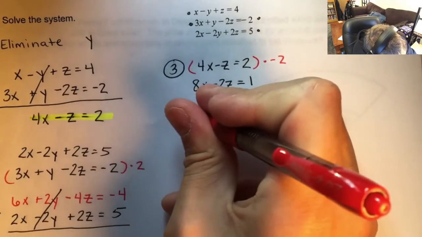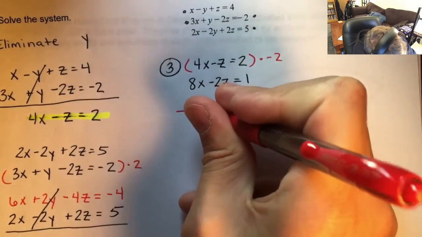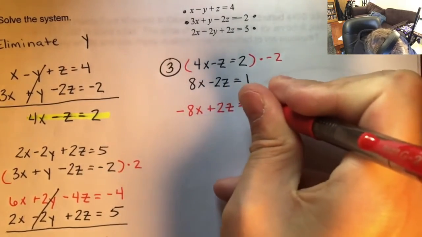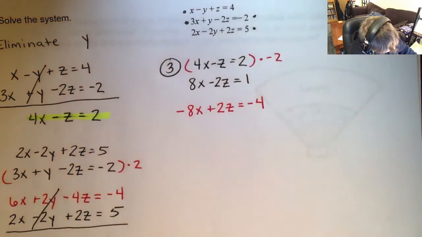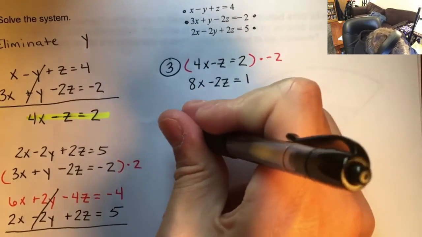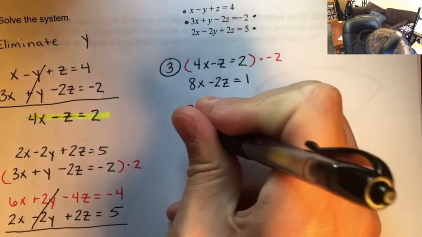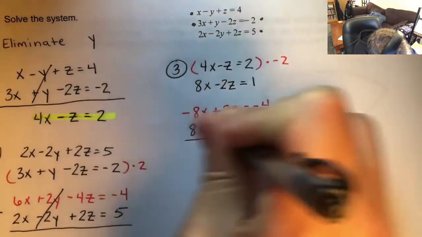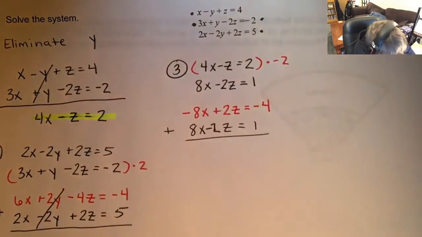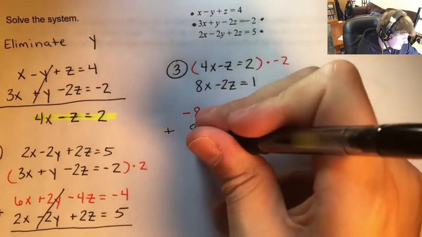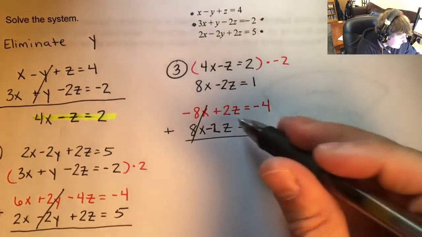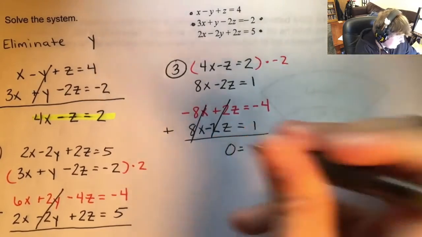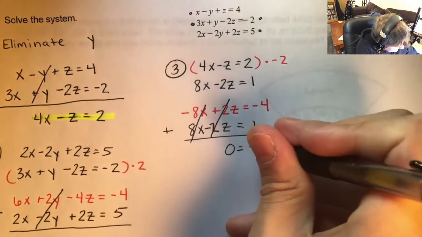So I'm going to get negative 8x plus 2z is equal to negative 4. And then the next equation is 8x minus 2z is equal to 1. I add. I did create opposites in the x's here, and I get 0. Here I also got opposites by chance, and I also get 0, and then this is negative 3.